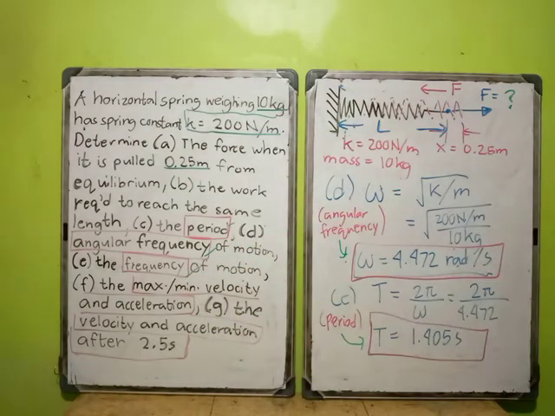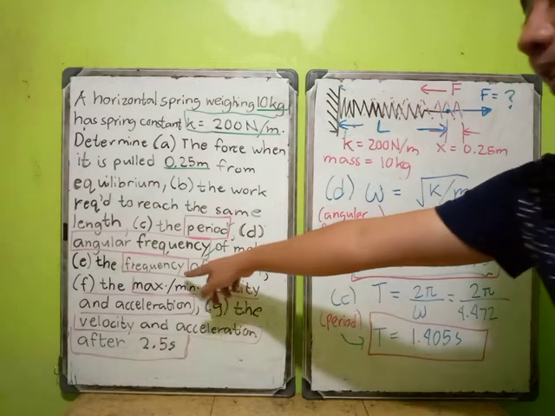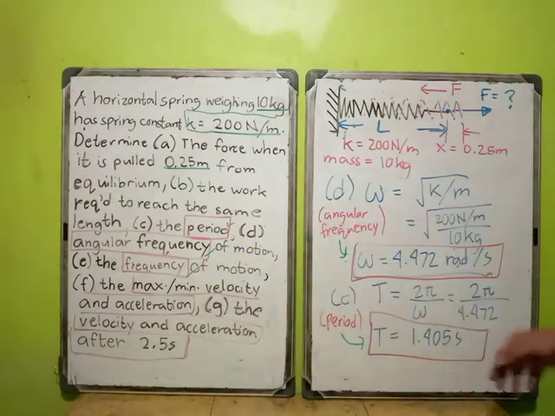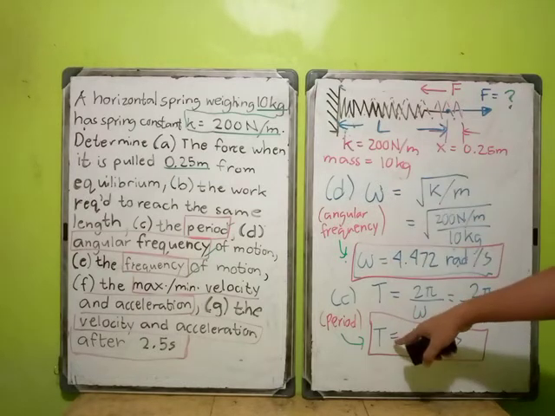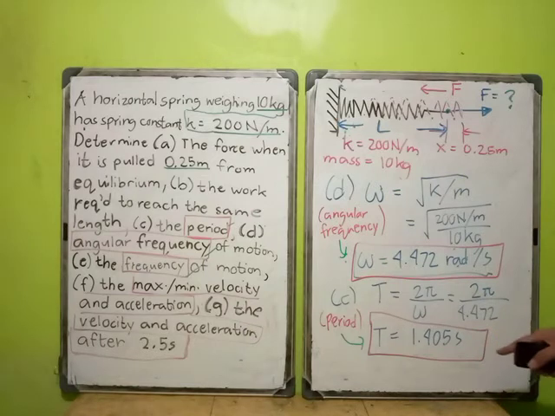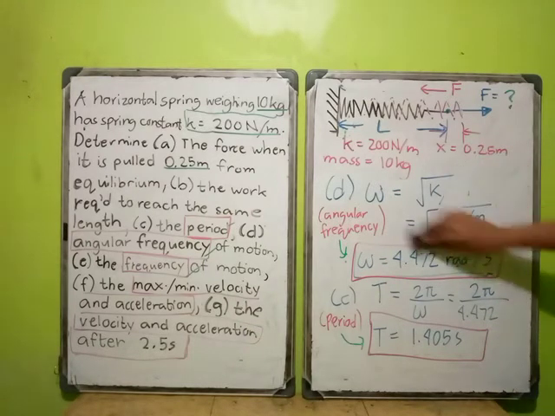Samantalang yung frequency is in revolution per second. Okay? Angular frequency is in radian per second, while the frequency lang, yung frequency lang talaga, walang angular, is in revolution per second. Okay? But somehow, we can actually use either period or the angular frequency to get that one. Okay? So, erase muna natin to.